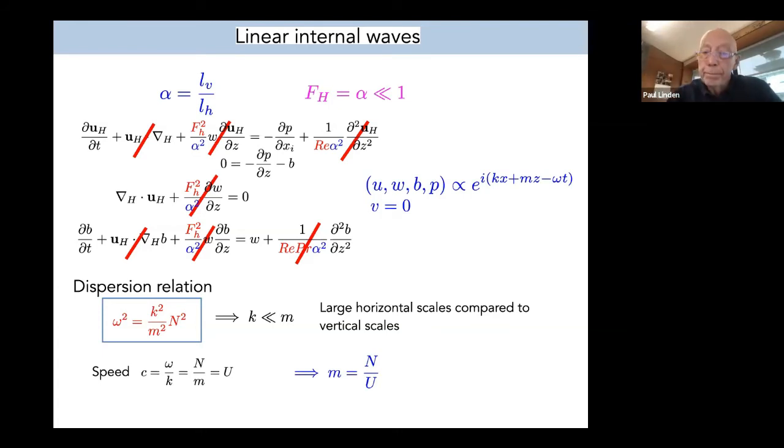If you substitute that expression into those four equations and look for a non-trivial solution, you get the usual dispersion relation, which tells you that the frequency omega of these waves equals k squared, the horizontal wavenumber, divided by m squared, the vertical wavenumber, times N squared. Okay, so I'm trying to think why I want to say k is much less than m.